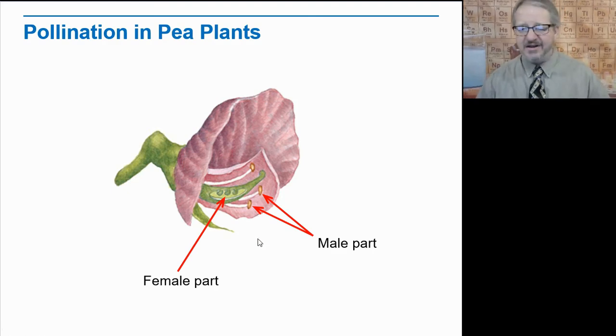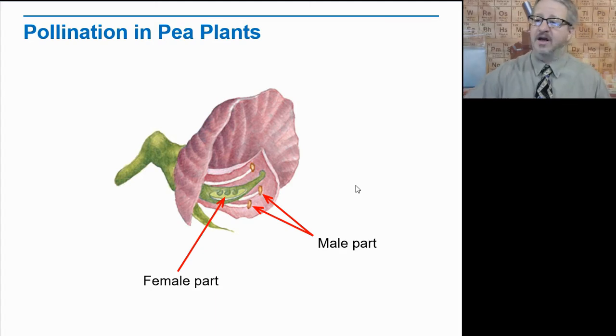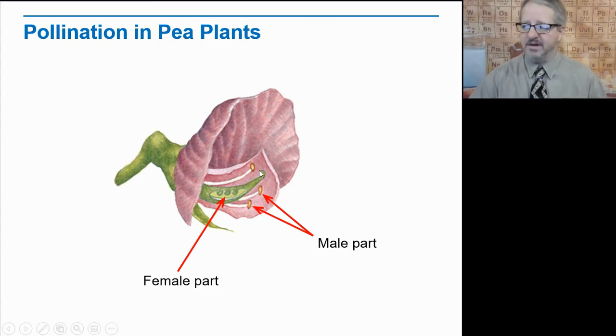Okay, so kind of like sperm, but it's just pollen. It's different than sperm, but the same idea, right? So you have the male pollen and the female ovaries. When the pollen moves down the, I believe this is the pistil, if I'm remembering my plant anatomy right, it would move down the pistil and enter the ovaries where it could then fertilize one of the eggs.